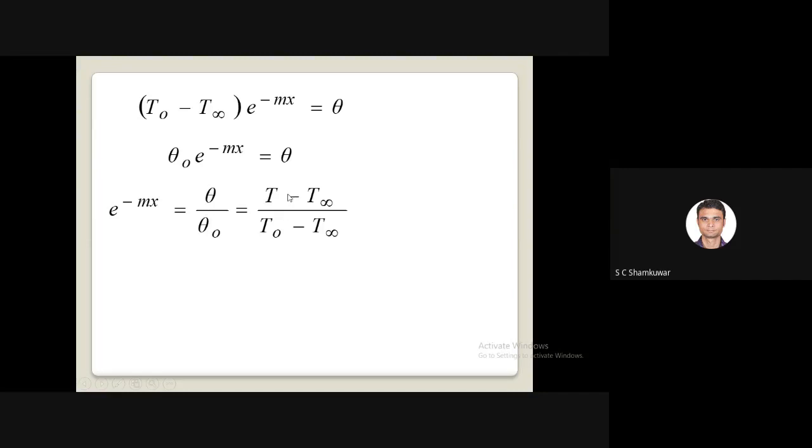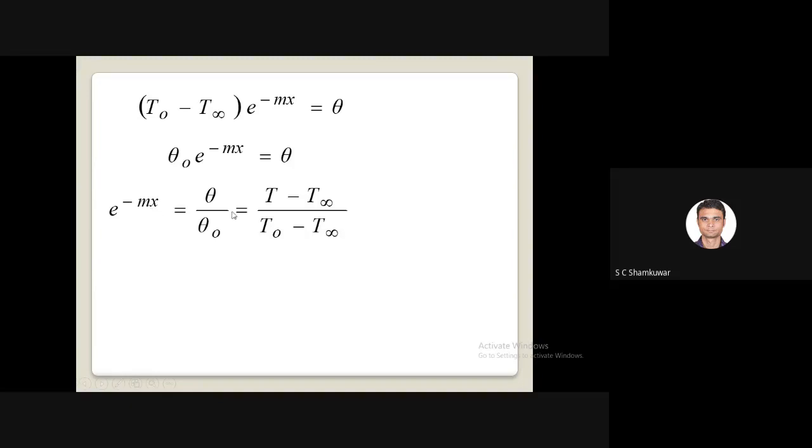What is theta? Theta is T minus T infinity. And what is theta naught? It is T naught minus T infinity, where T naught is the temperature when x is equal to 0.